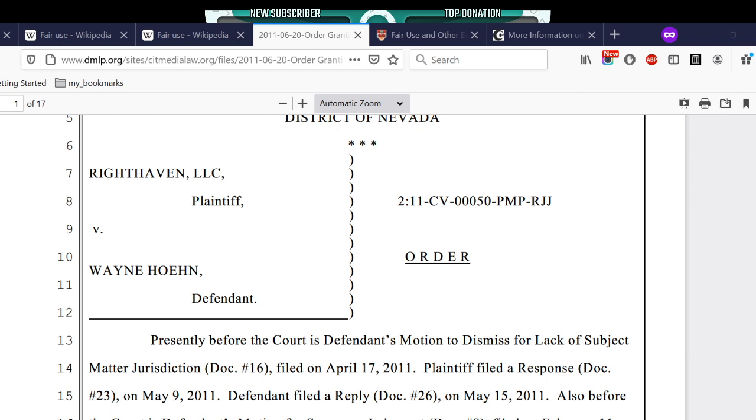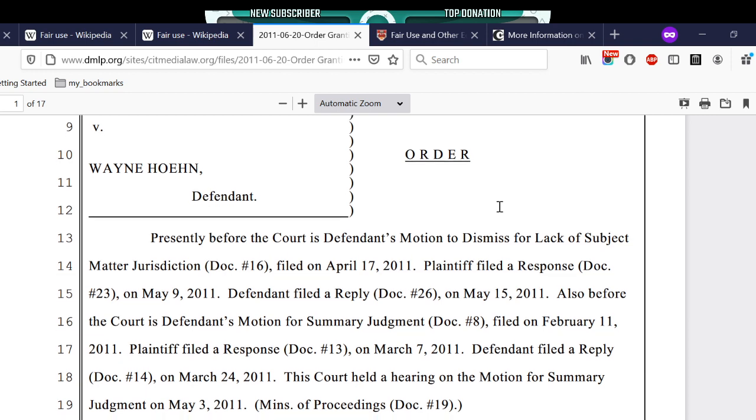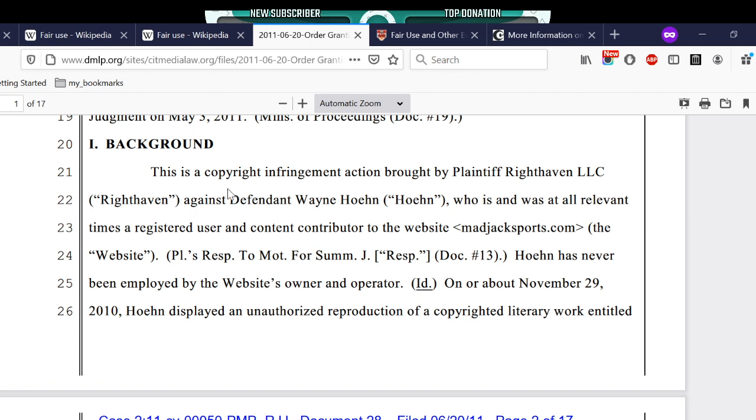Oh good, it does seem to still be going. Okay. So, like I said, I'm probably not going to read this whole thing. But let's read a little bit of it just to make sure that what I saw in Wikipedia is fair and correct.